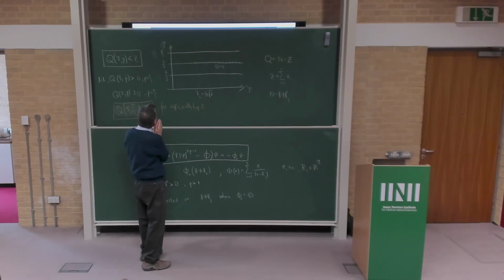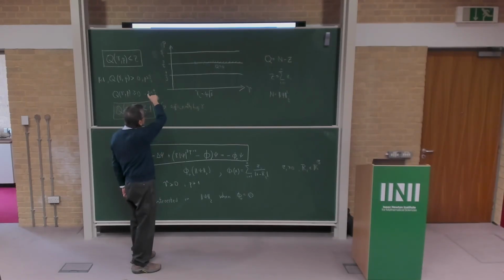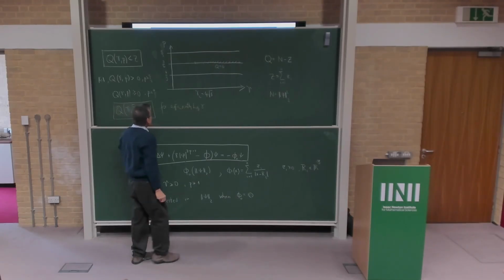The physical situation corresponds to having p equal 5/3, as I'm going to describe later. So if you are interested in the physical situation, it's just the first line. And a very easy case is the p equal 3/2 case, which corresponds to a scale invariance in the problem.